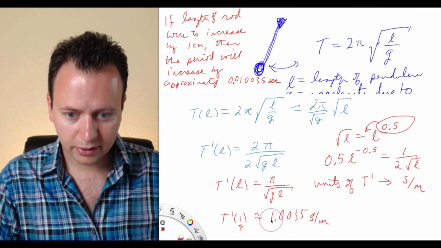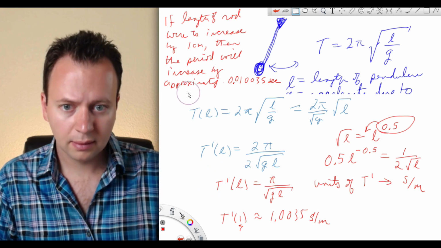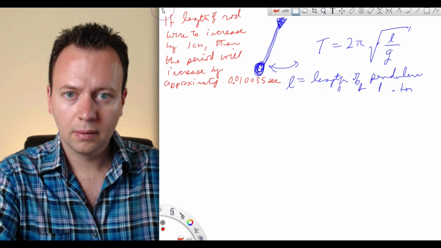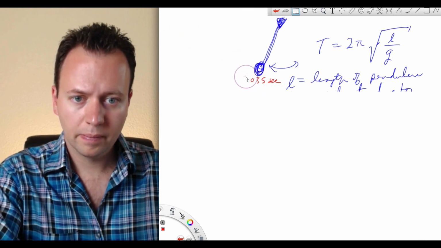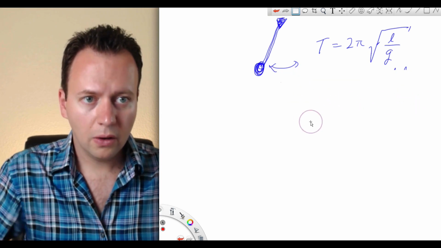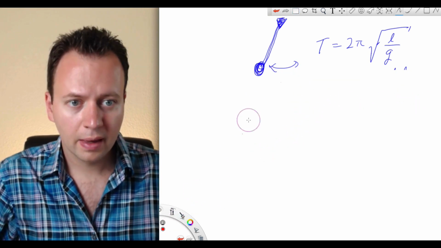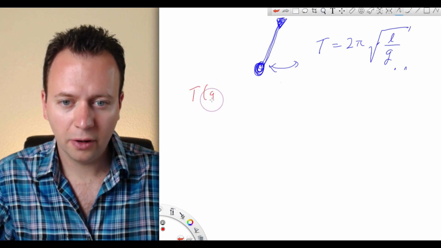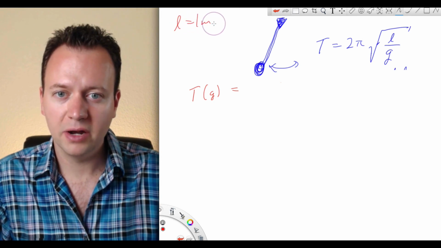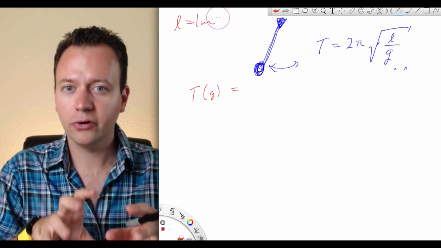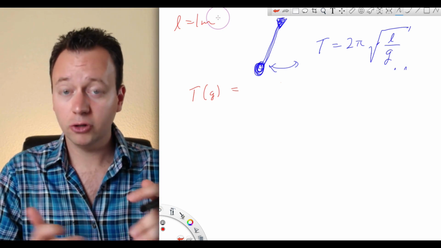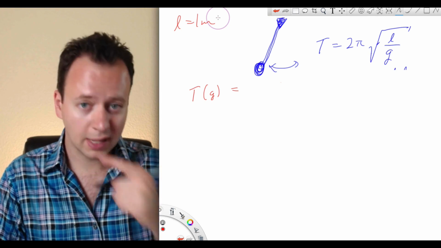So let's clear some space. Okay, so basically now we can think of T as a function of g. So let's say the length is equal to 1 meter. So let's just view a particular grandfather clock with a pendulum of length 1 meter, so that at sea level it should have a period of very close to 2 seconds.